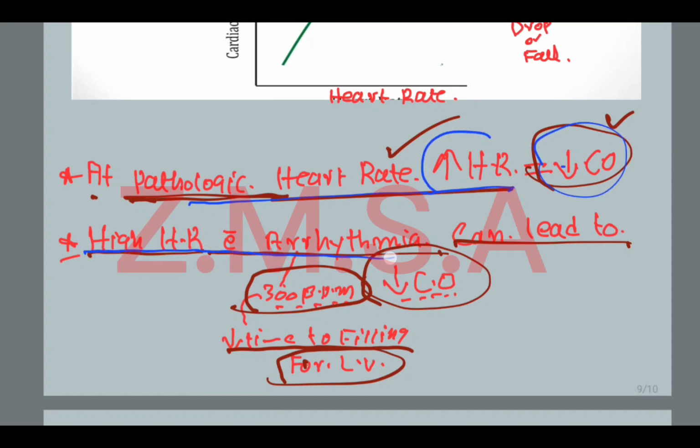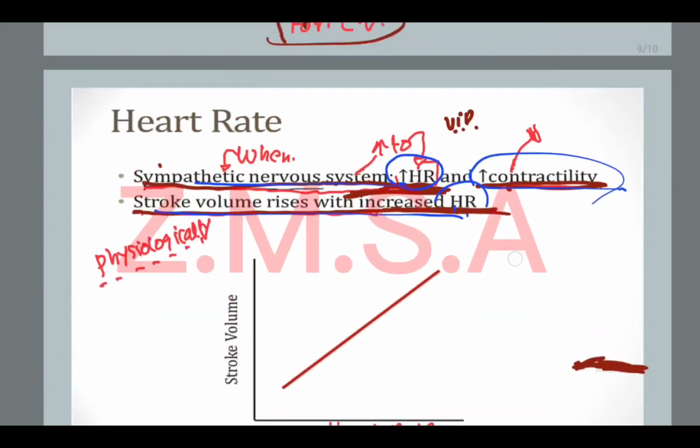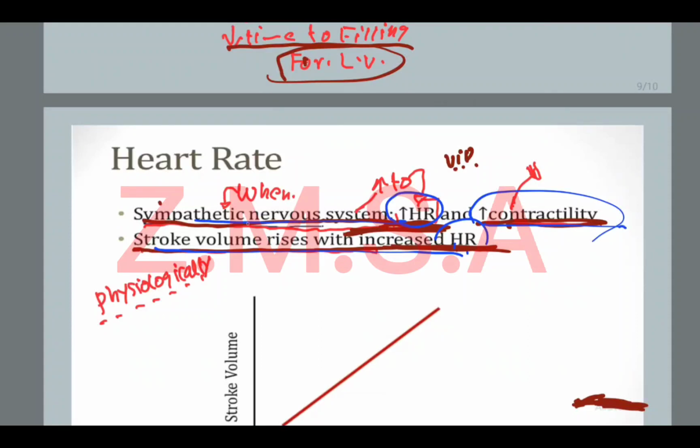But pathologically, an increased heart rate decreases the cardiac output. A high heart rate with arrhythmia, which is an abnormality, can lead to decreased cardiac output. Why? Because physiologically, when the sympathetic nervous system increases the heart rate, it increases the contractility and the filling of the ventricle, increasing the stroke volume along with the heart rate.